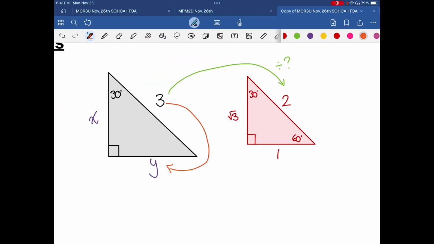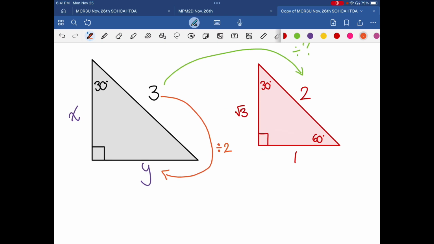In a 30-60-90 special triangle, the side length opposite to 30 degrees is literally half of the hypotenuse. So 3 divided by 2, which I want to keep in exact values, so I'm going to keep it as 3 over 2.